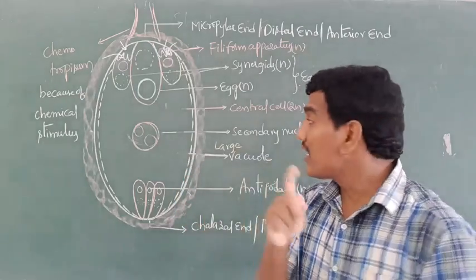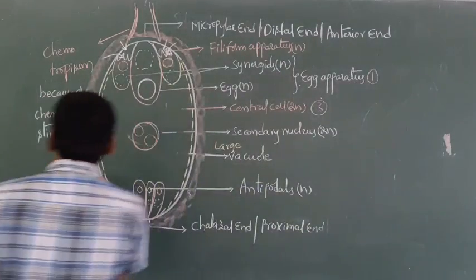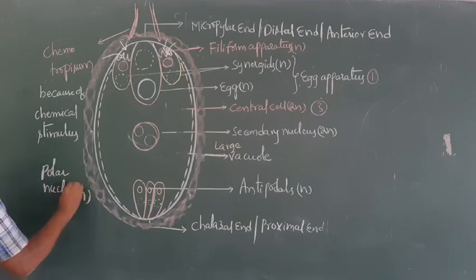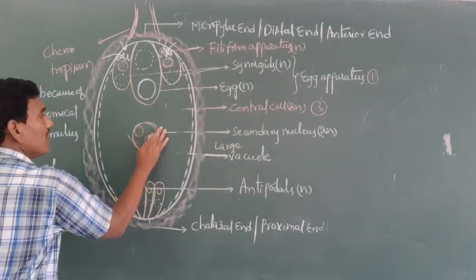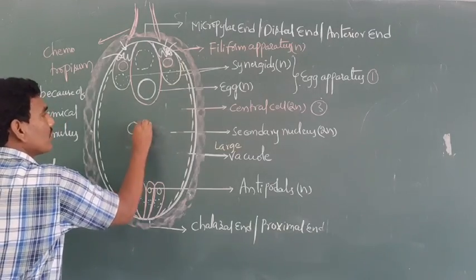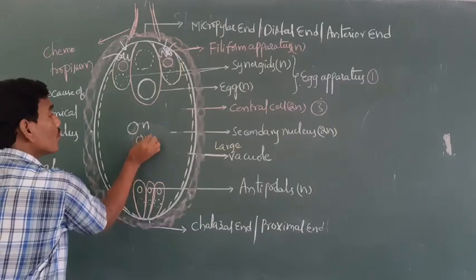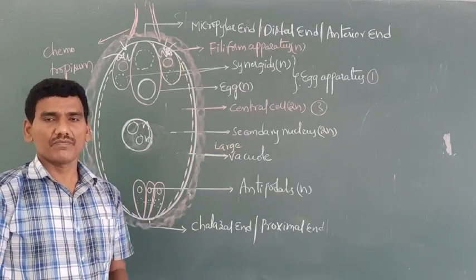Generally, the ploidy of the polar nuclei is n. Initially this is n, and this is n. On fusion of the two nuclei, the diploid secondary nucleus is formed.